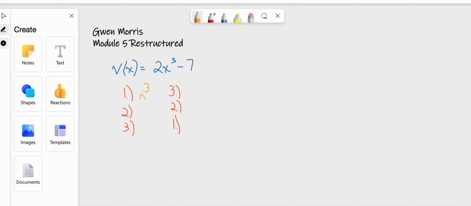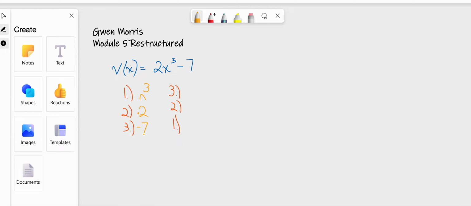After that, this x to the third power is multiplied by 2. We do times 2, that multiplication symbol. And then 7 is subtracted from that number.